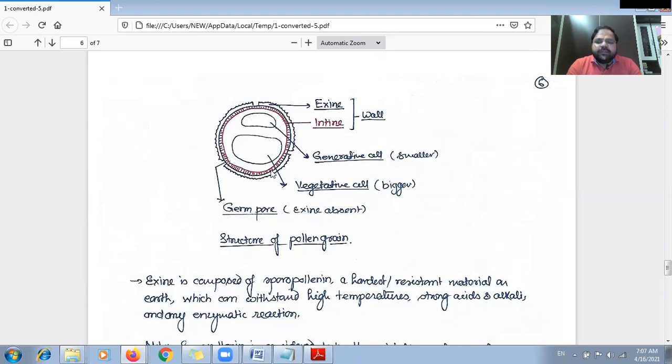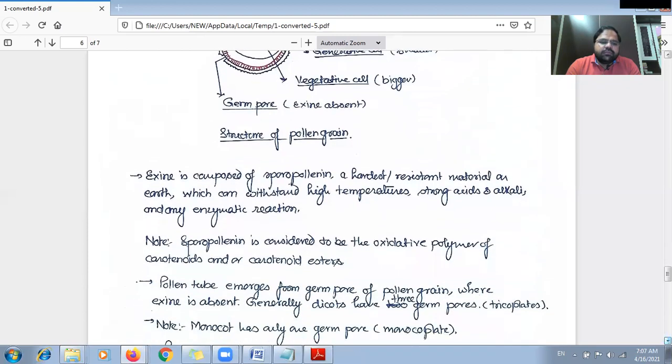So we can say that the pollen grain is generally a two-cell structure, where the smaller cell is called the generative cell and the larger cell is called the vegetative cell. Now we will see some details about this pollen grain.